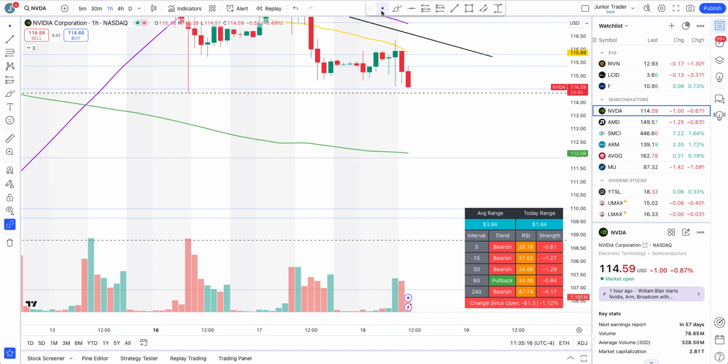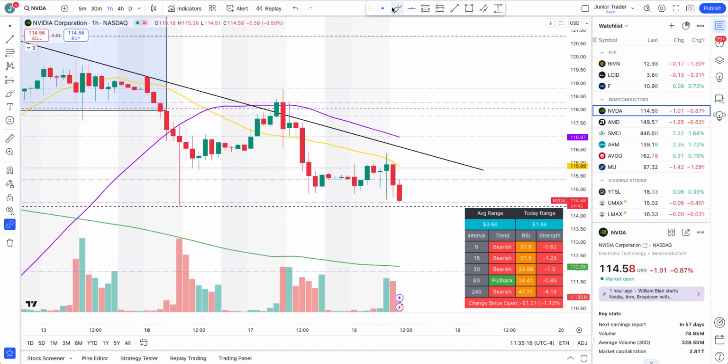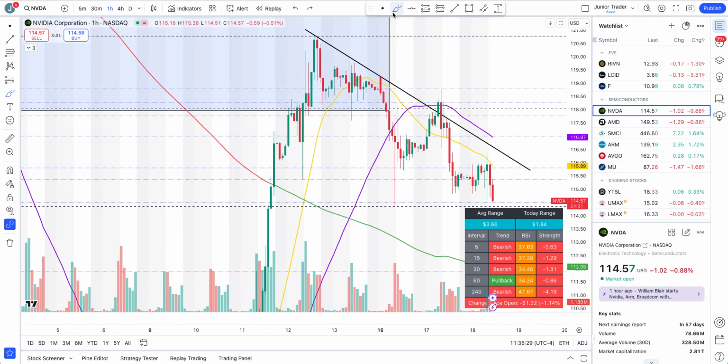So we were watching a potential rejection around the 20 hours moving average and also this lower moving trend line. As long as we were below it, the structure was still weaker, and we are still continuing to form lower highs and lower lows right now in the price action.